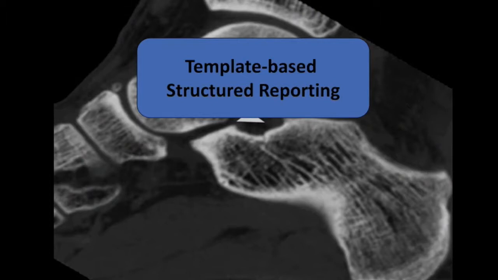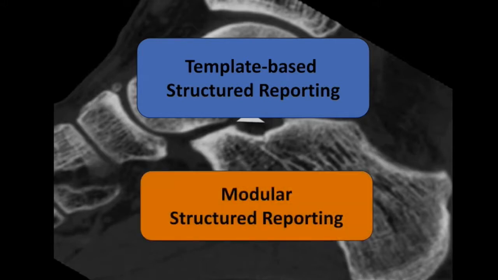The concept is that every template, for example, if we want to have a report on musculoskeletal abnormal findings or musculoskeletal procedures, we can subdivide our template into different sub-templates, or I call them modules.